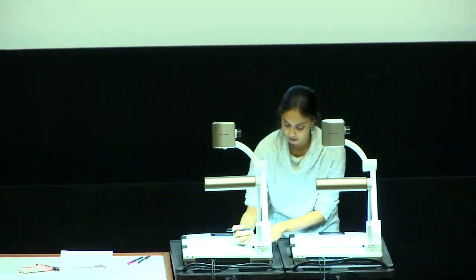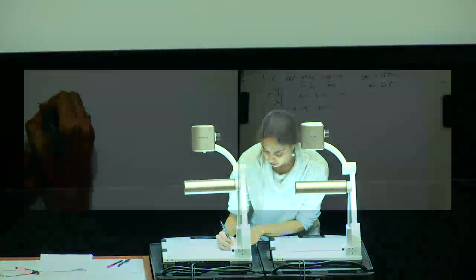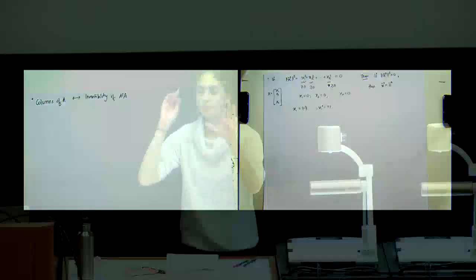So we've talked basically about the connection between the columns of A and invertibility of A transpose A. But why should we care? When does this show up, right? This is a bunch of math that we did. Why should an engineer care about this?